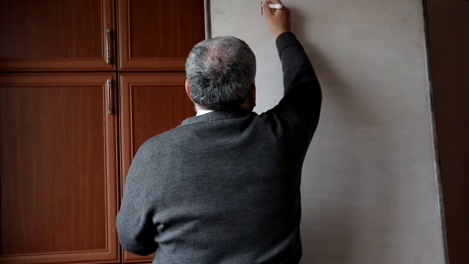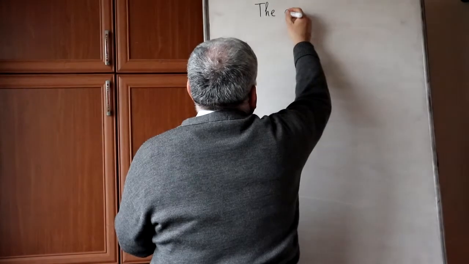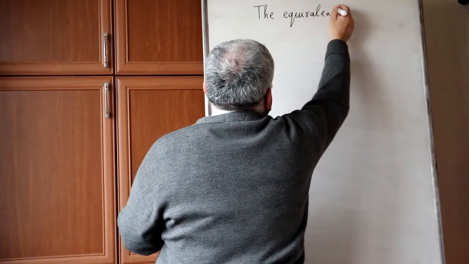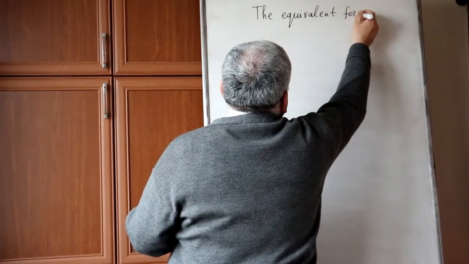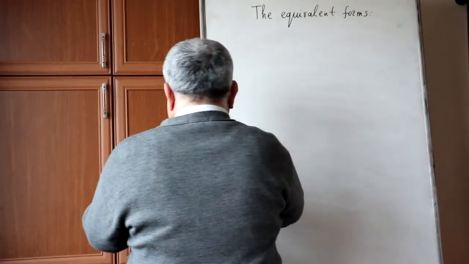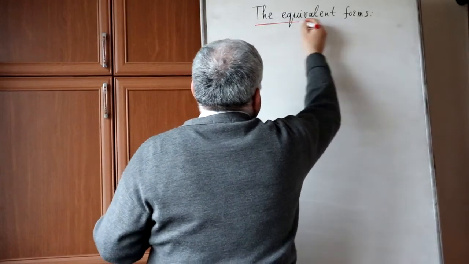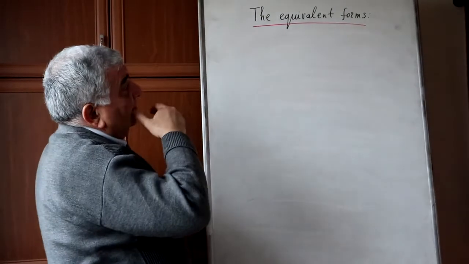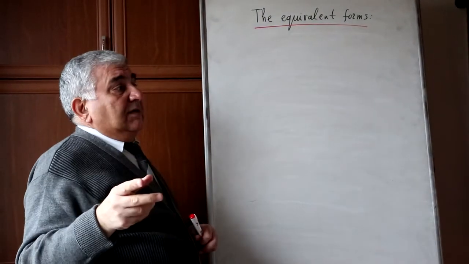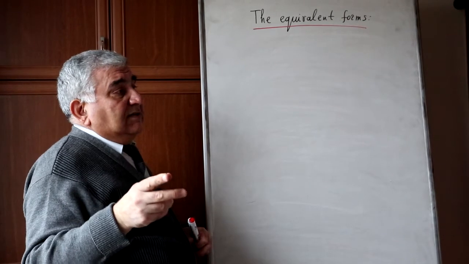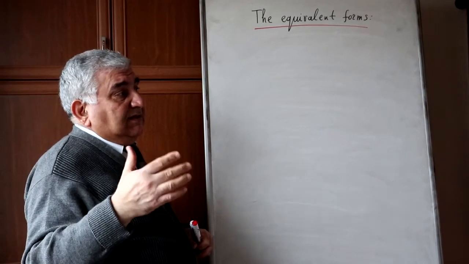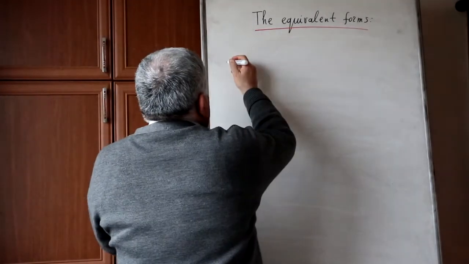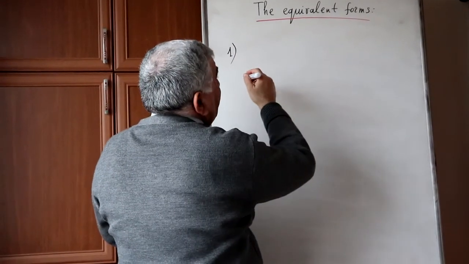Write the equivalent forms if x is situated near 0, that is if x tends to 0.